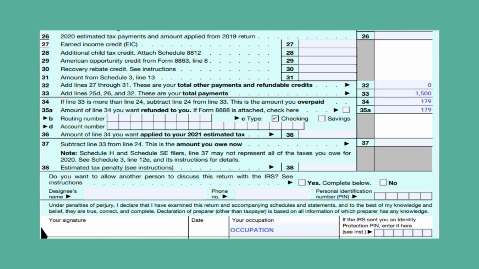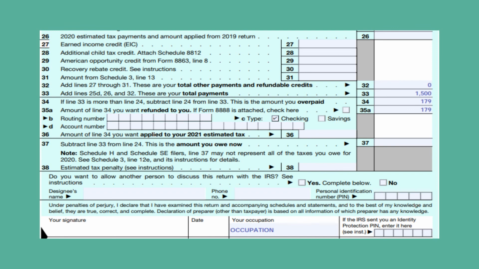Since you had no other payments, line 32 will be 0. Subtract that from line 25D to arrive at $1,500 on line 33. Next, we will calculate your overpayment. It is $179 in this example. Put that on line 34 and again on line 35A as you would want it refunded to you.